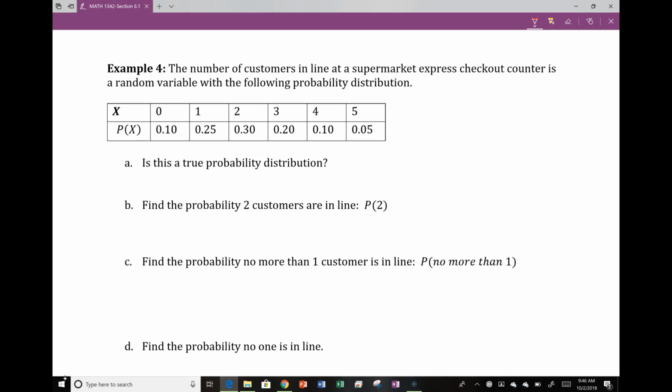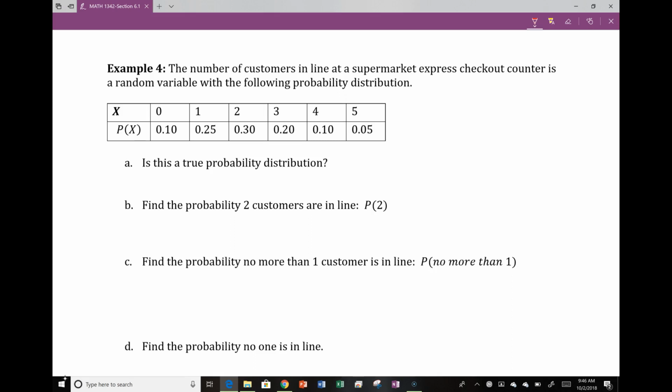Is this a true probability distribution? When we're asking if it's a probability distribution, recall the requirements for this. First of all, we cannot have anything that is a probability that is less than 0, a negative value, or greater than 1. So looking here, yes, we're okay there.